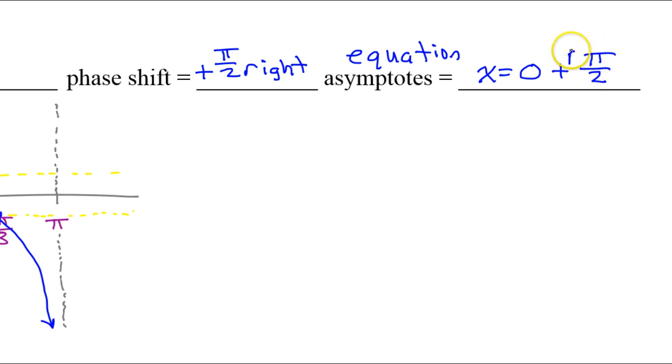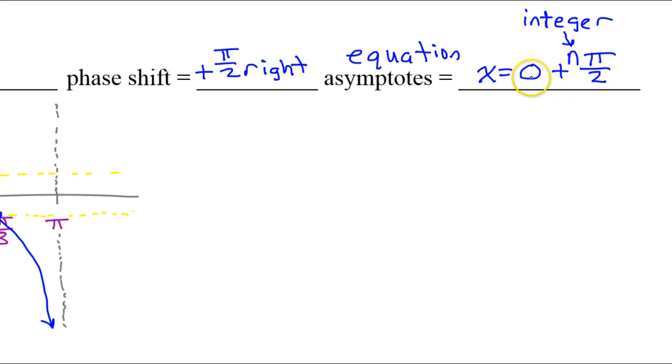So if I put n pi over 2, that will represent all of the many, many asymptotes that I will run into. If I call n an integer, that will even capture the asymptotes going to the left, because an integer can be negative. If n is 0, then that will give me the original asymptote that I started with.